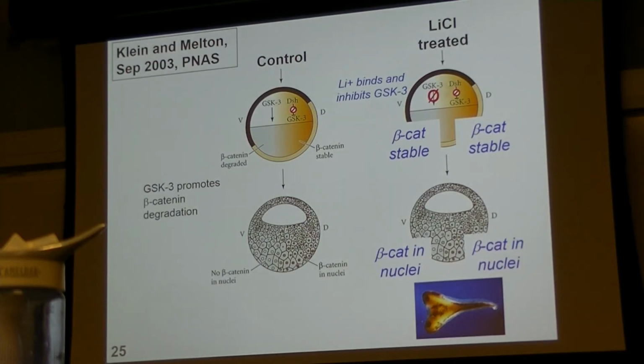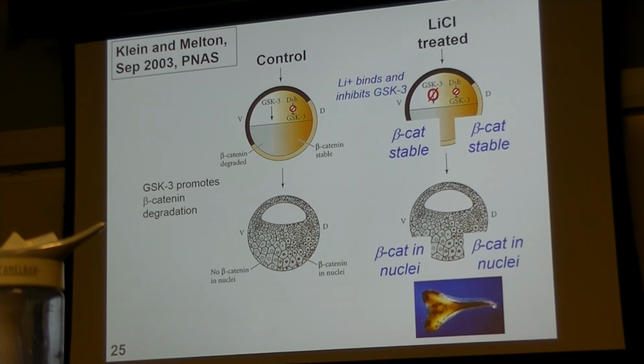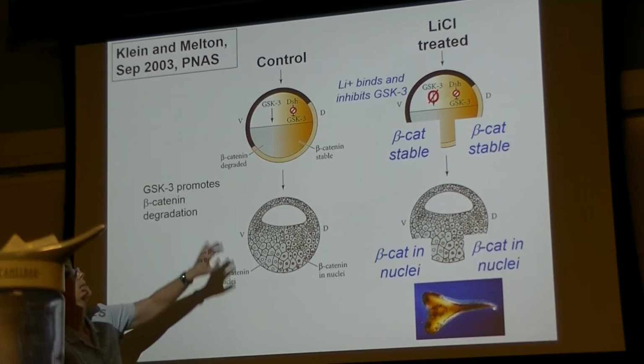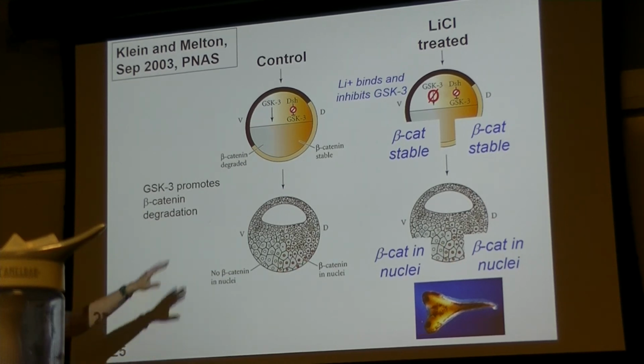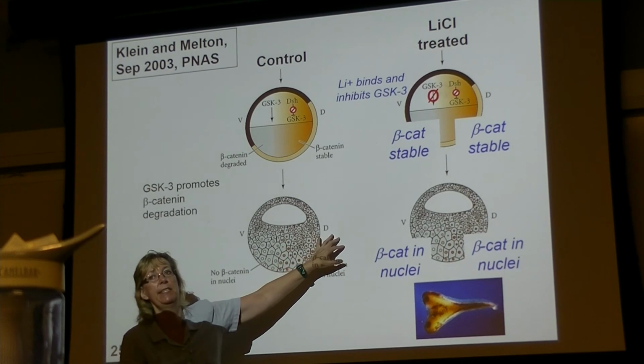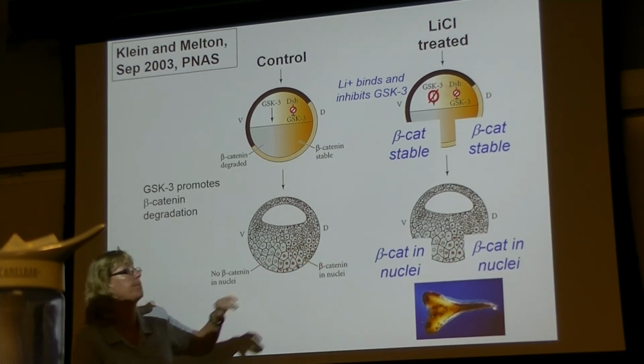And in 2003, this was actually studied within the embryo. So some embryos were treated with lithium chloride, and then they went in and looked at the beta-catenin in the Wnt pathway to see what sort of effect the lithium chloride was having upon the embryo. And sure enough, that's exactly what you would expect. So here's our control situation where beta-catenin is being degraded on the ventral side or enriched in the nuclei on the dorsal side.